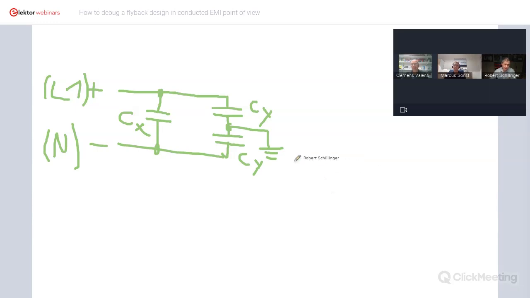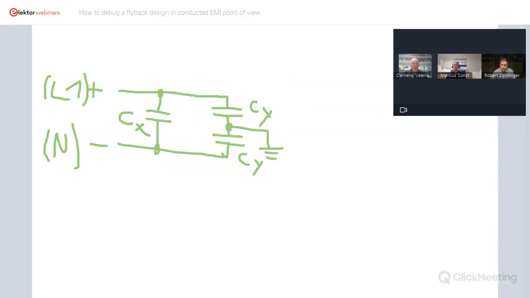That's the difference. If you use a common mode choke between them, then you have the X plus the stray inductance of the common mode choke for the differential mode distortion or noise, and the Y caps you use together with the common mode inductance of the CMC to attenuate the common mode noise. It's a combination to get a second order filter in principle. This is Y and this is X.